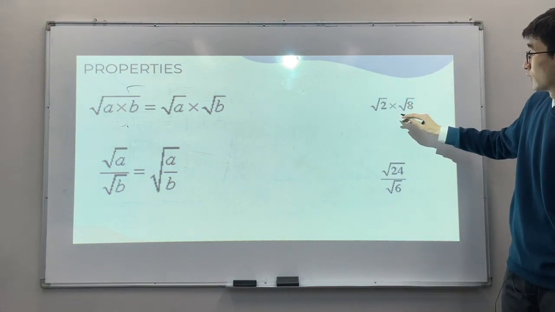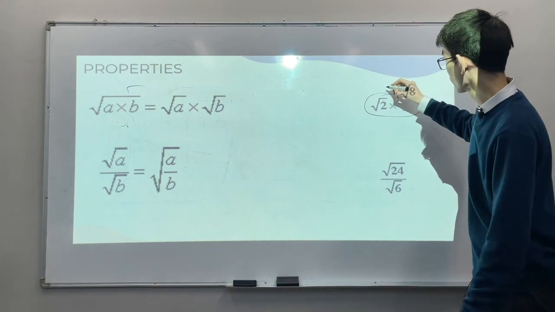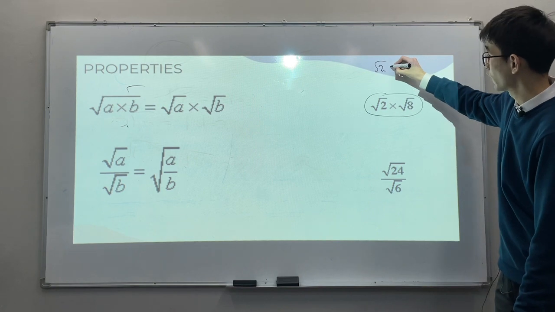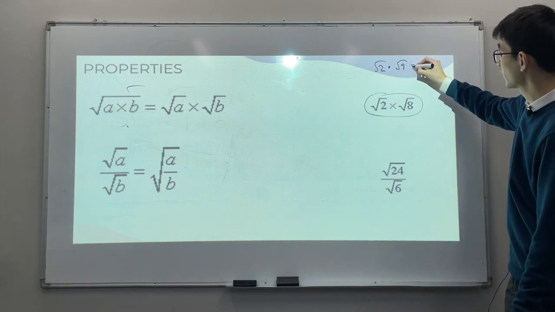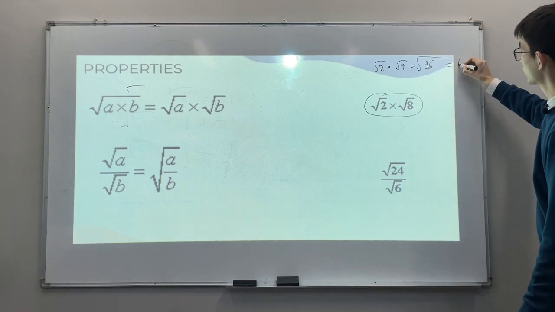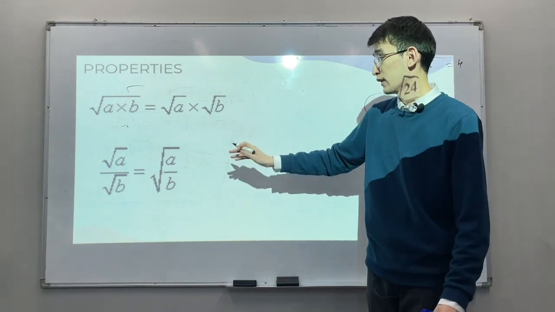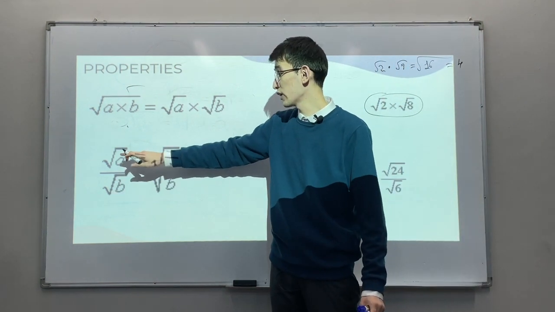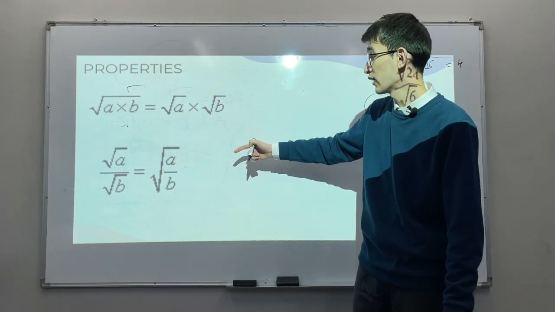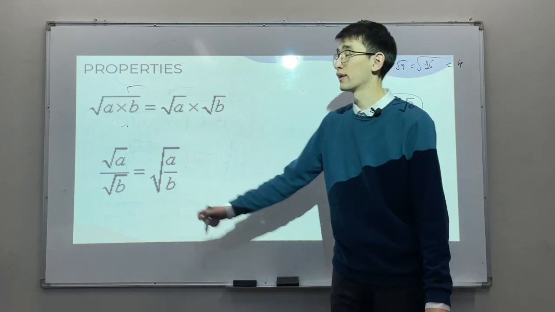For example, square root of 2 multiplied by square root of 8 is equal to square root of 16, which gives us 4. The next property is square root of a over square root of b, which we can write as the square root of a divided by b.